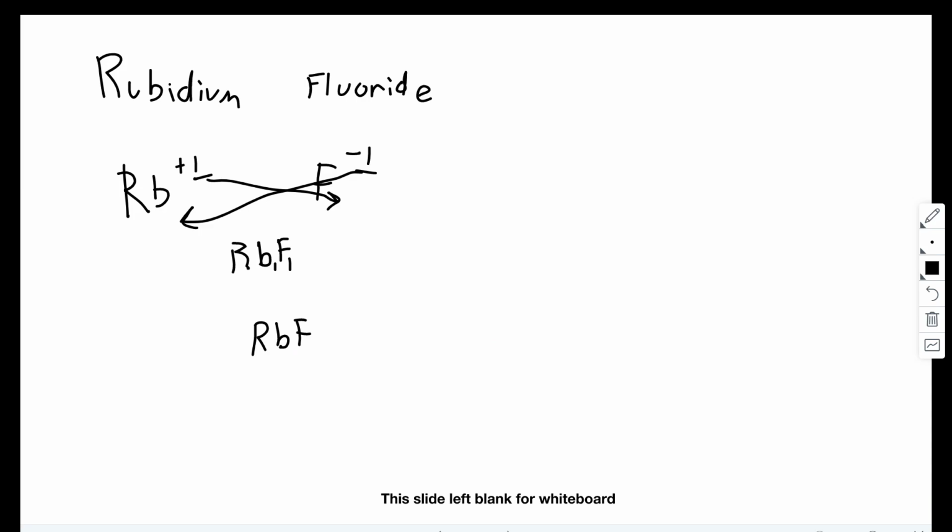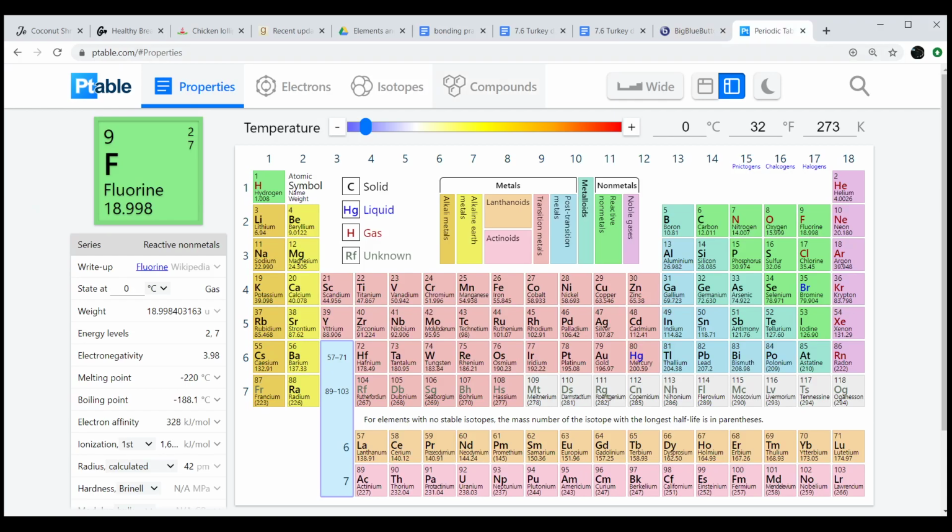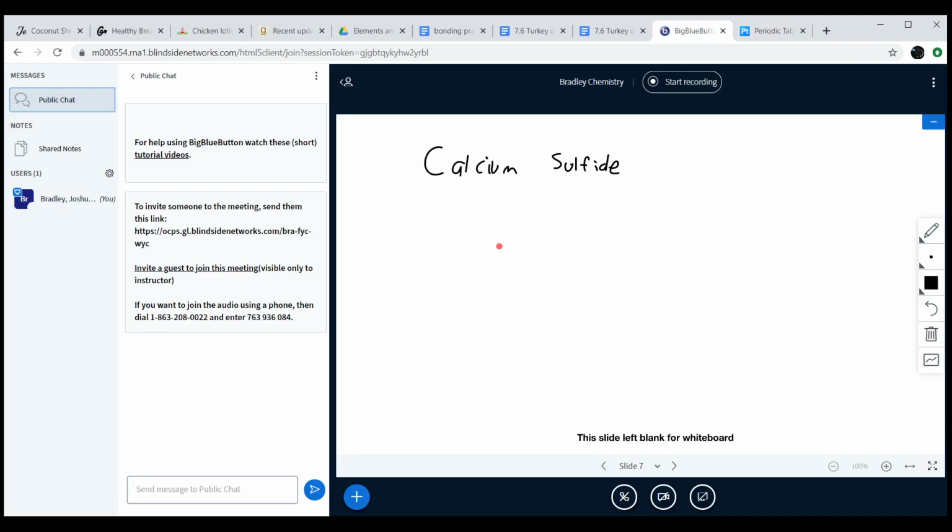The next one that we're going to do is calcium sulfide. Okay, so we'll find calcium first. And calcium is right here, it's in the 2nd column. So calcium, 2nd column, it's a metal, that means that it's going to lose 2.